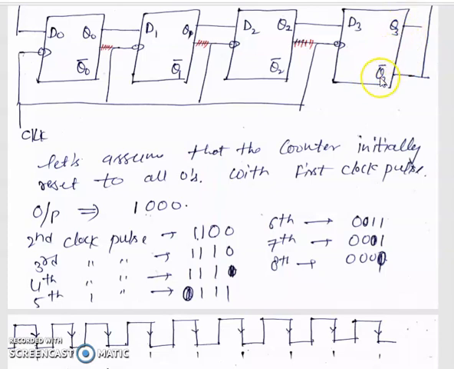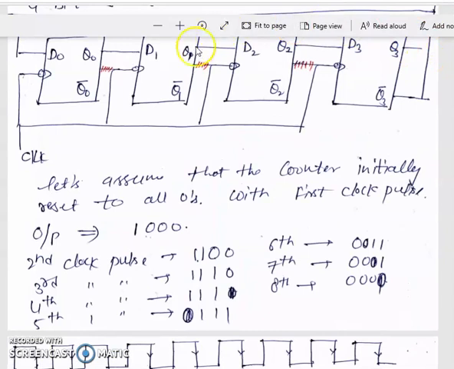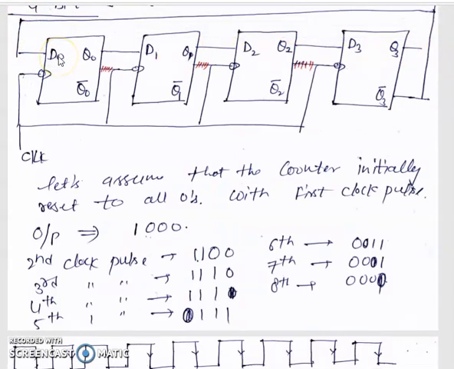So 1 is fed back by the feedback loop to the input of the first flip-flop. The first flip-flop input in the second clock pulse is 1, and this 1 input is passed to the output, that is Q0. Clear?